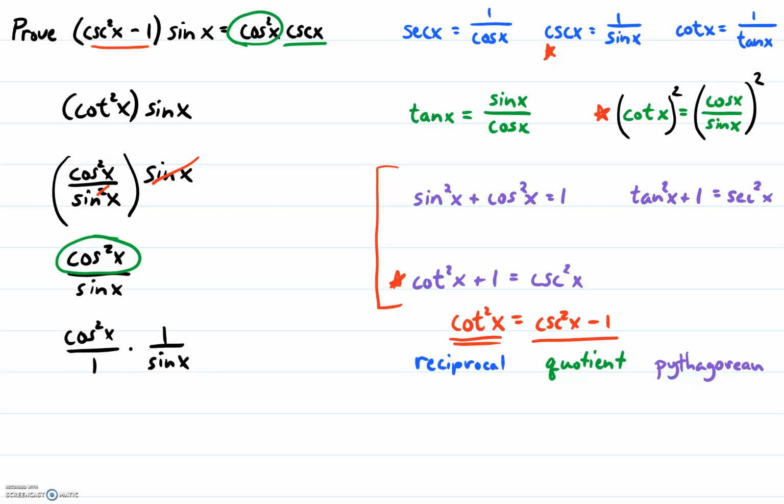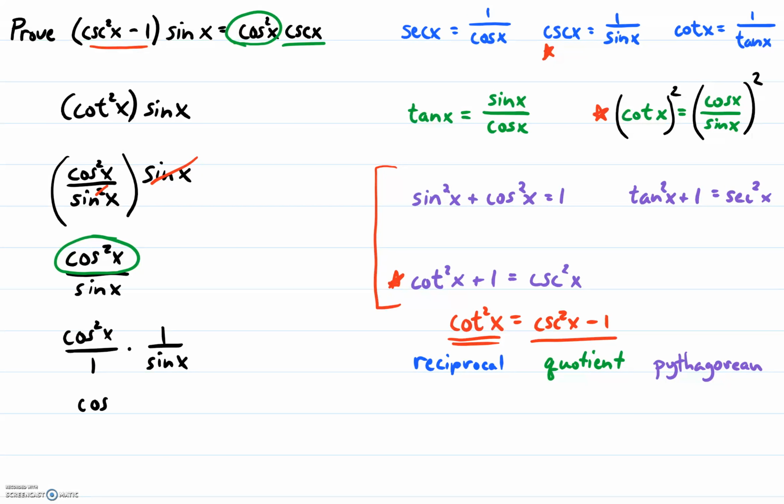Then in the place of 1 over sine x, we're going to put cosecant x. That gives us cosine squared x over 1 multiplied by cosecant x. Of course, we don't have to have the cosine squared x over 1, and so what we have left over is cosine squared x multiplied by cosecant x.